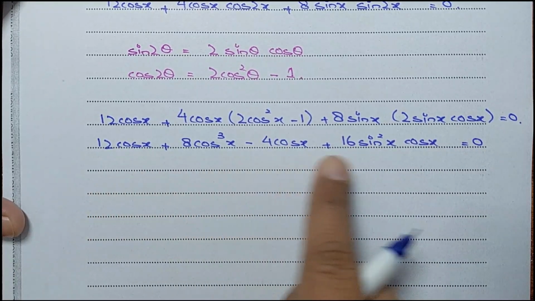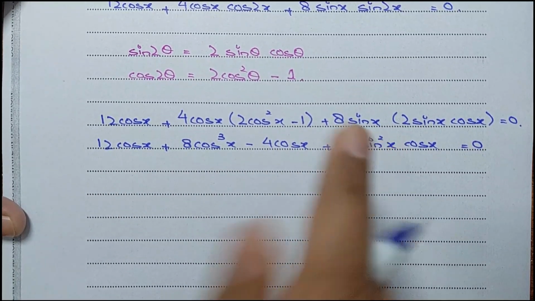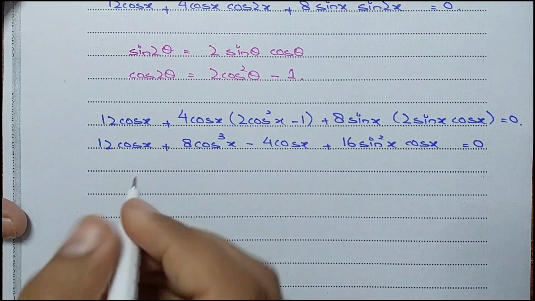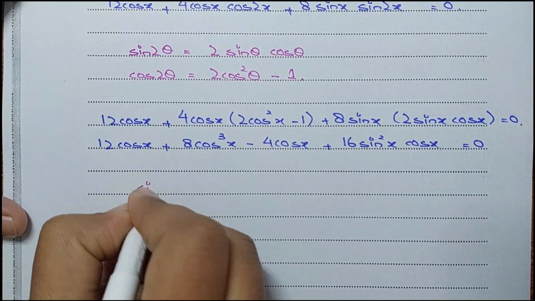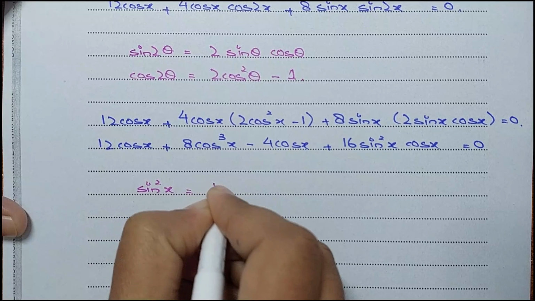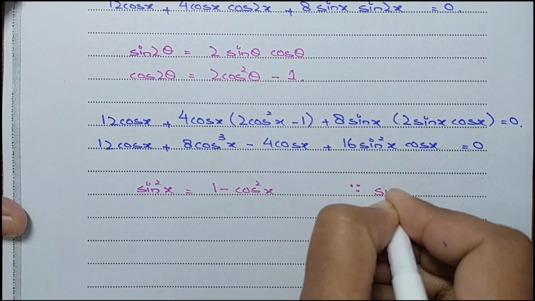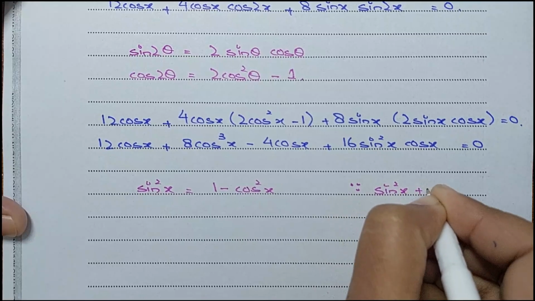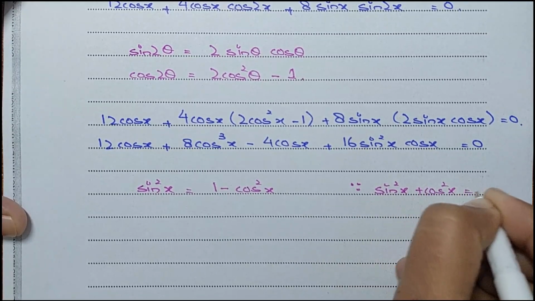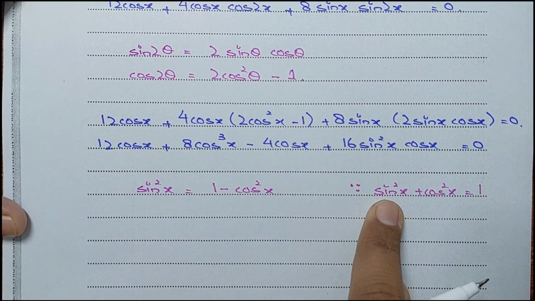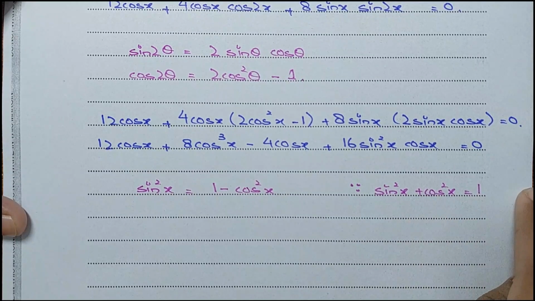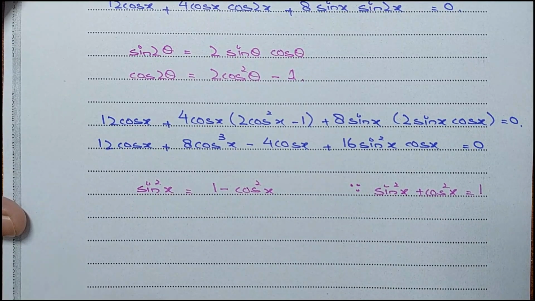Now you can see everything is in cos except this sine. So you have to convert the sine into cos as well. We know that sin square theta is 1 minus cos square theta, by using the identity that sin square x plus cos square x equals 1. To get the value for sine square, shift the cos square to the other side: 1 minus cos square.